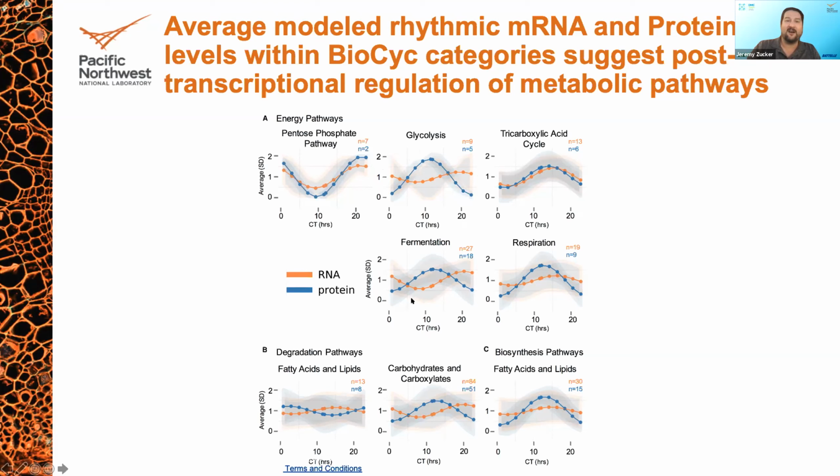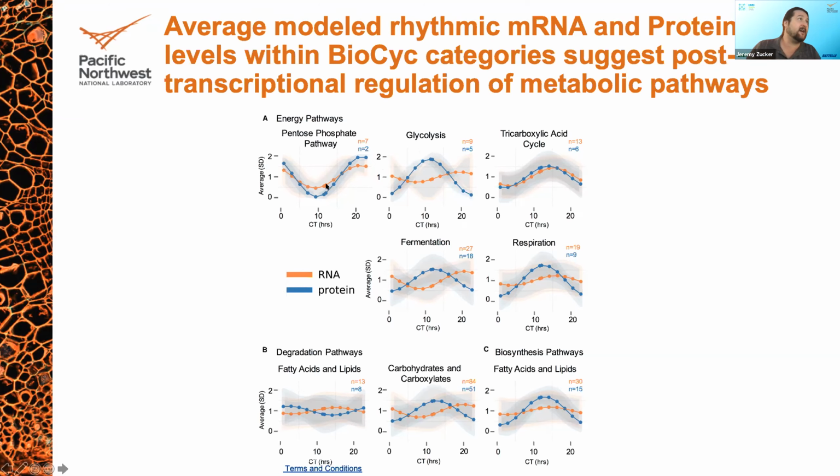And because this is the omics dashboard, this is the average expression of each gene in each pathway. And then the shaded regions show the distribution.